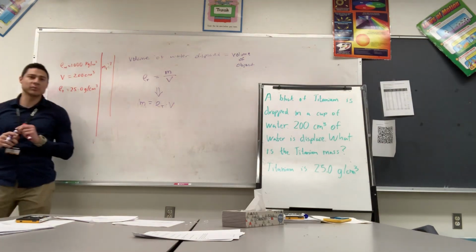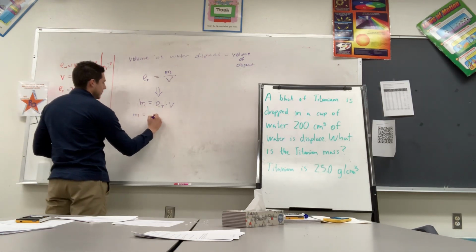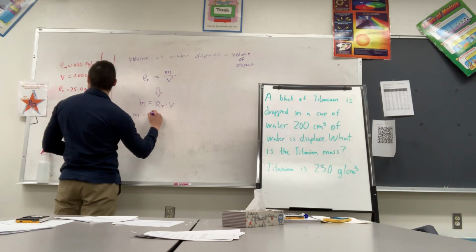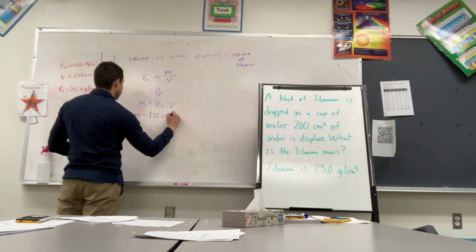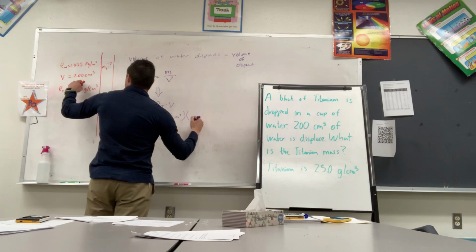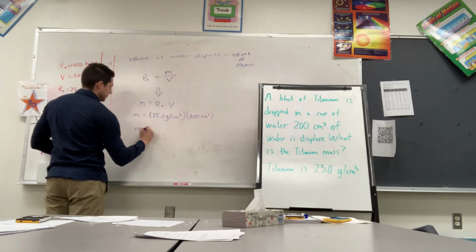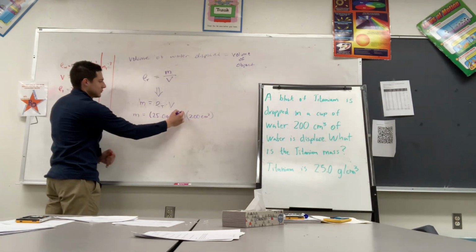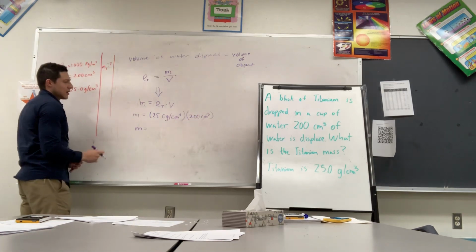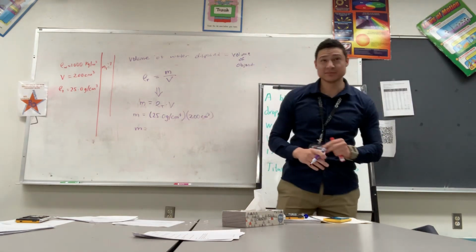All we do now is put in values. This cancels, and we end up with what? 5,000?